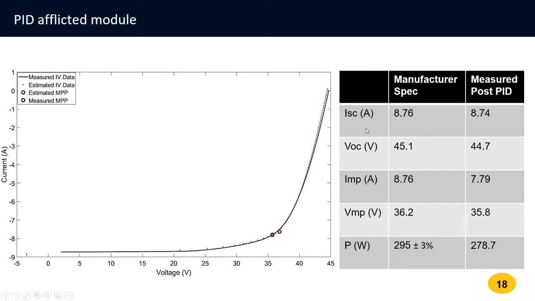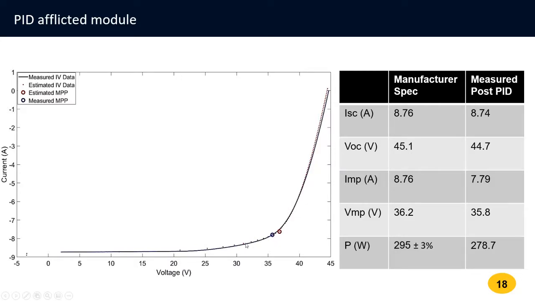So as you can see here, when you compare on the right-hand side in the table, the short circuit current showed almost no decrease even with PID induced. And the VOC at this high injection level has limited decrease, but the maximal power point current shows quite a substantial decrease, and that's just due to the electrical characteristics change of the cells.